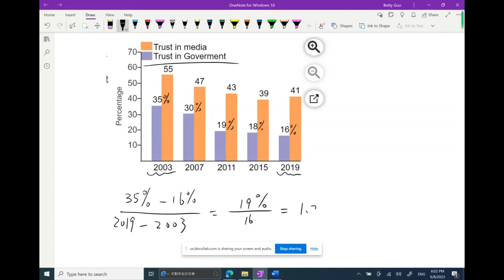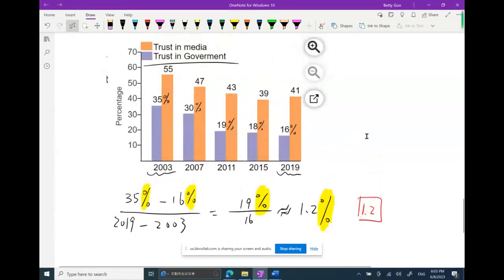We have 1.2%. The percentage is already here in the numerator, so the answer already has a percentage. We only need to fill in the box. In the box, we only need to put 1.2, keeping one decimal place, rounded to the nearest tenth.